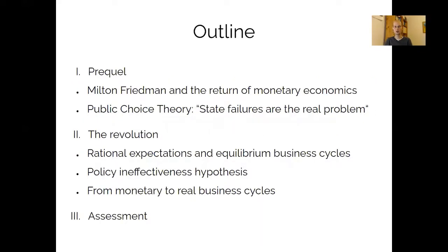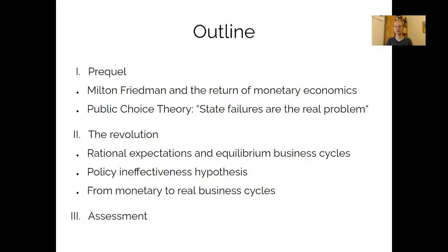What today's talk will be about, so the outline. In the prequel, we will talk about two keystones of this shift in policies. The first was monetarism and the contribution by Milton Friedman to economics. The second was public choice theory, which shifted the perspective on the state.